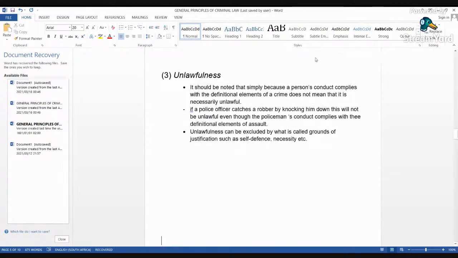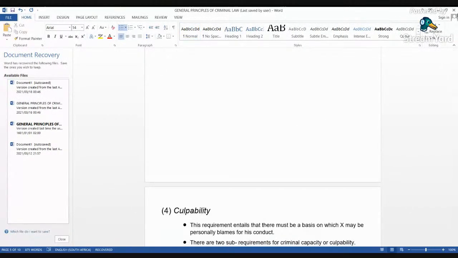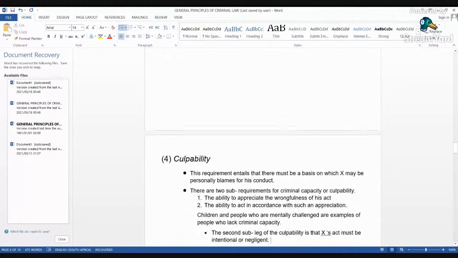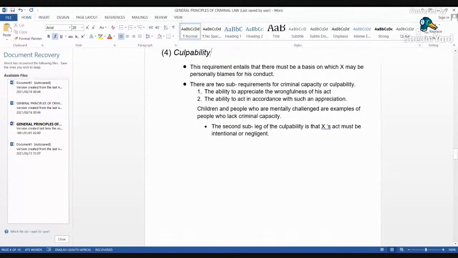Okay, we move on to the fourth element, the last one. We have an act, we have compliance with the definitional elements of a crime, and we have unlawfulness, and we go to the fourth one: culpability.